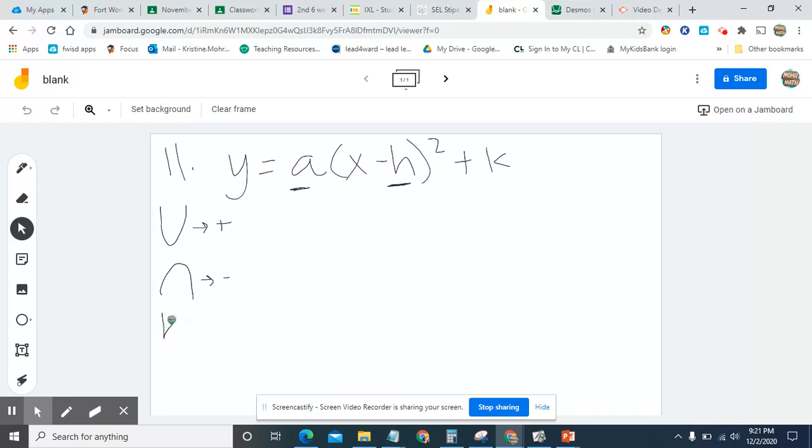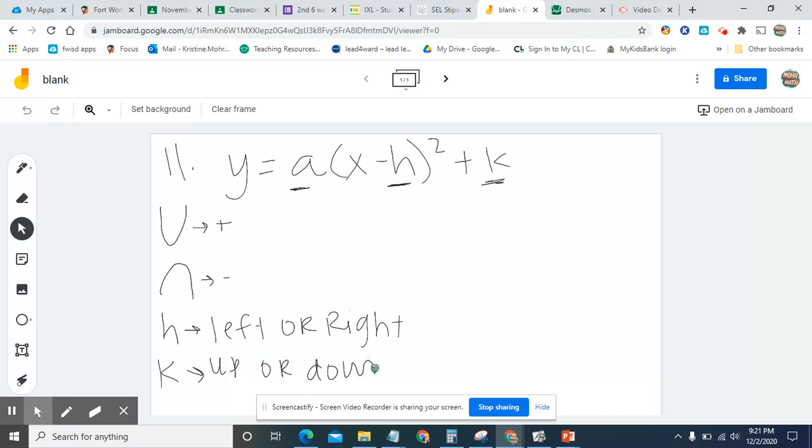So h, left or right. And then the k is what moves up and down the y-axis. Man, there is a big delay right now. All right, so k moves up or down.